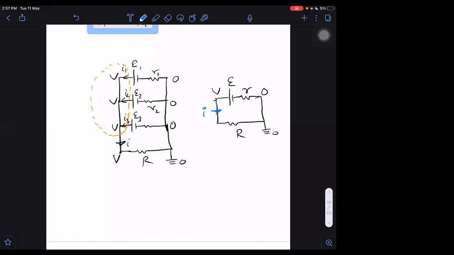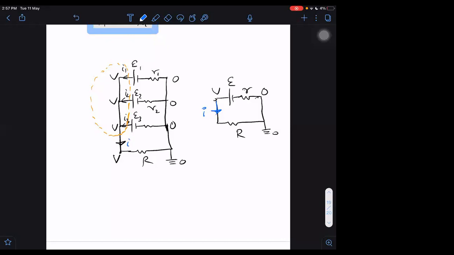One by R equal to 1 by R1 plus 1 by R2 plus 1 by R3. Are you finding? Actually, there will be two answers here. I was expecting two answers.